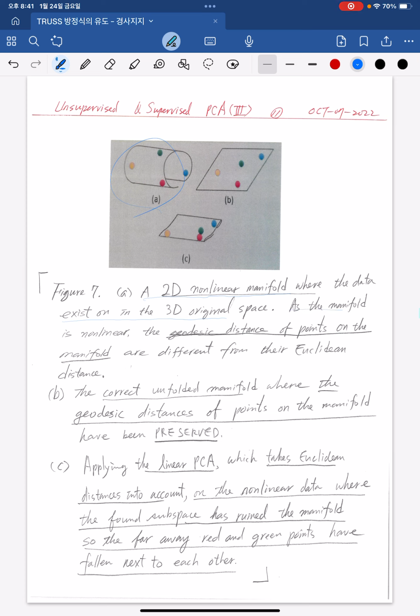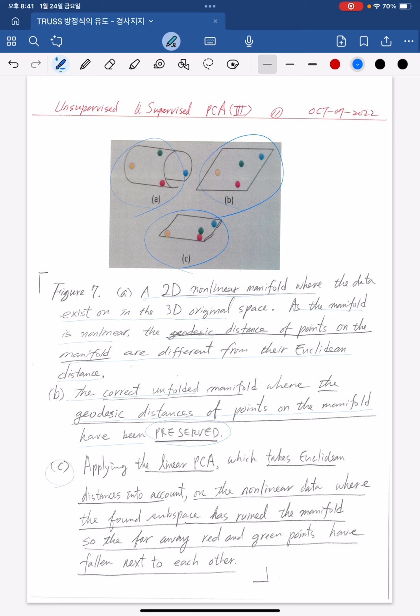B, as the manifold is nonlinear, the geodesic distances of points on the manifold are different from the Euclidean distances. B is the correct unfolded manifold where the geodesic distances of points on the manifold have been preserved.